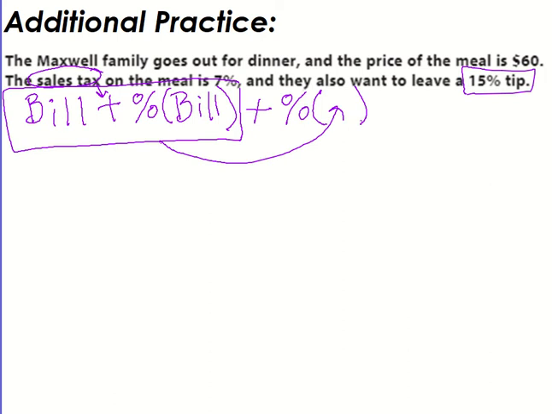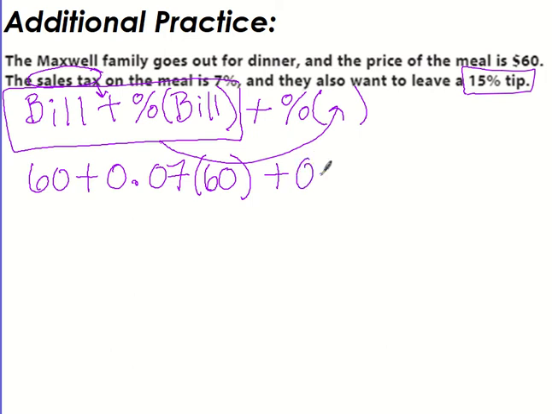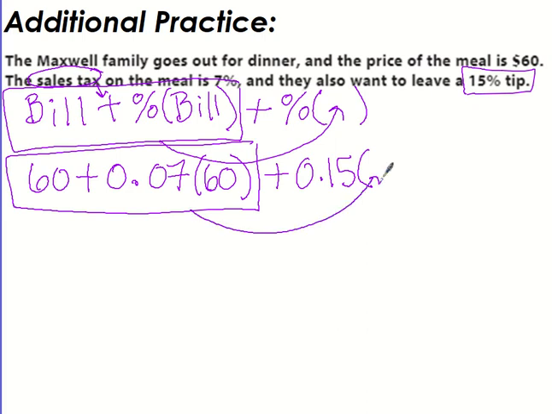All right, and so that's why we have to find out what this is and then figure out how much our tip will be, and we'll add it all together. So it'll look like this. We'll go 60 plus 0.07 times 60. And then I'm going to take 0.15 and I'm going to times it by whatever I get there.